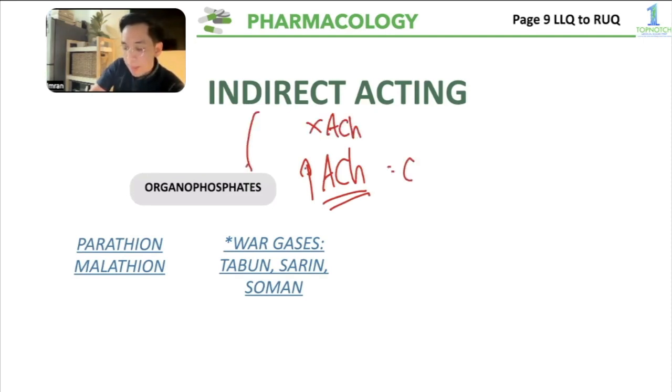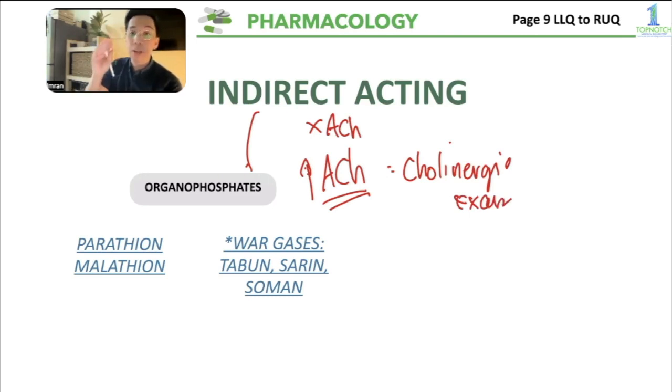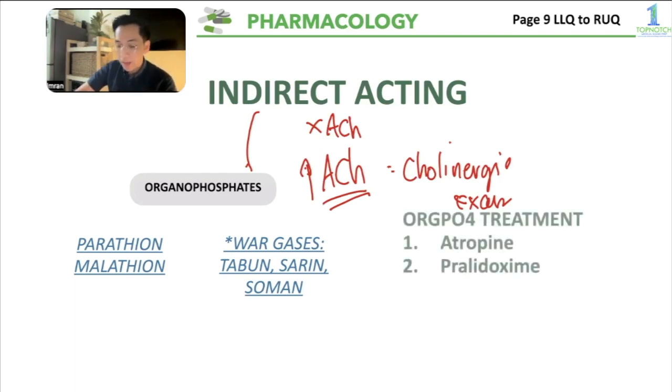Magkakaroon ka ng cholinergic excess or cholinergic stimulation. Meaning, tandaan nyo lang yung mga DUMBBELLS reaction, diarrhea, urination, mga ganyan. So yun yung presentation ngayon ng patient. Think of it that way para mas madali, hindi nyo siya isa-isahin kung ano yung side effect nila. Kasi medyo group lang talaga tong mga cholinergic agonist natin.